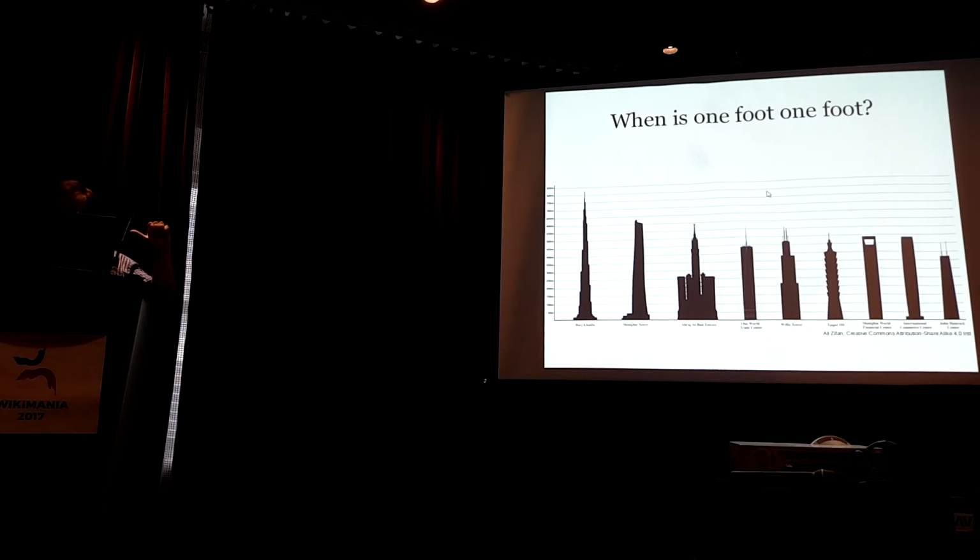Because sometimes when we talk about technical properties of an object, it's very easy to state that if something is, for example, a building, if it's 657 feet tall, then it really is 657 feet tall, and the problem which I am discussing is in that case, at least theoretically, non-existent.